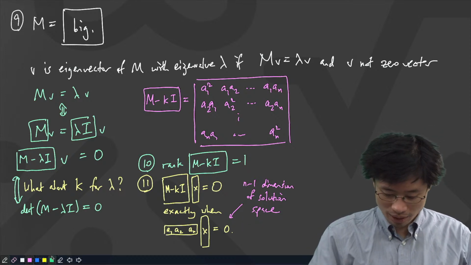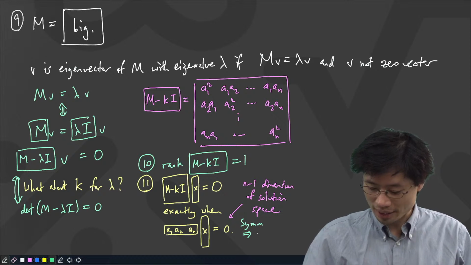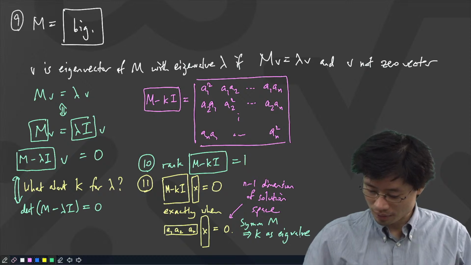By the way, I will talk about how to solve this a totally different way, a more elementary way, later. But symmetric is going to imply that you have k as an eigenvalue of multiplicity n minus 1.